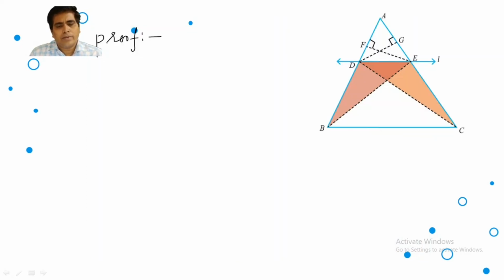Already we know that area of triangle ADE is equal to area of triangle AED. These are equal in area.